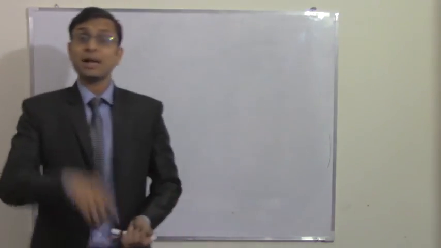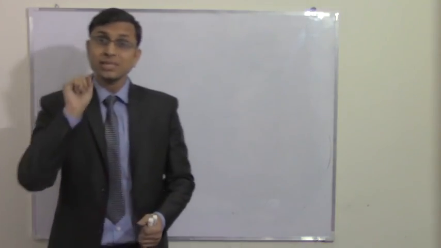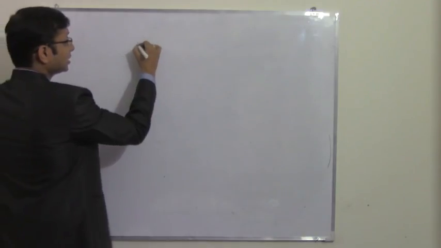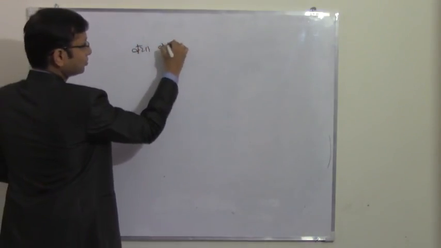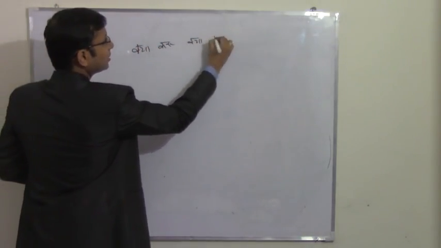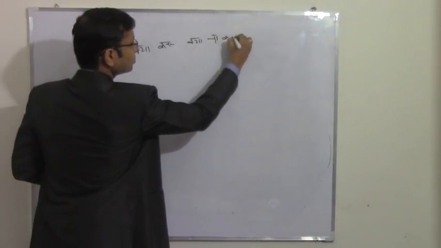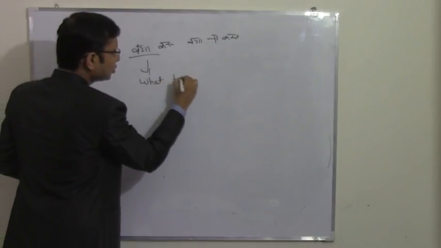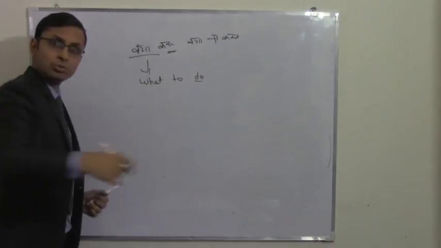So today I'm going to make you understand how to say these sentences in English. So when you say "kya karun, kya na karun", kya is "what", and karun is "do".